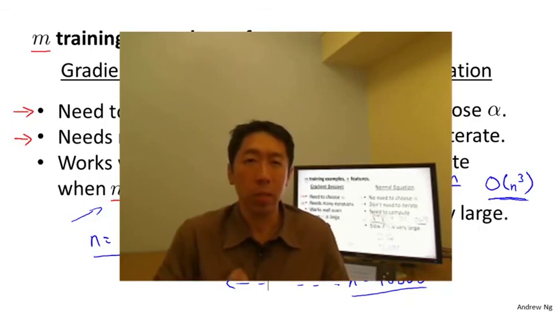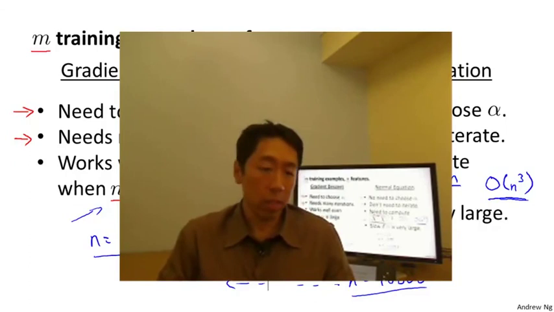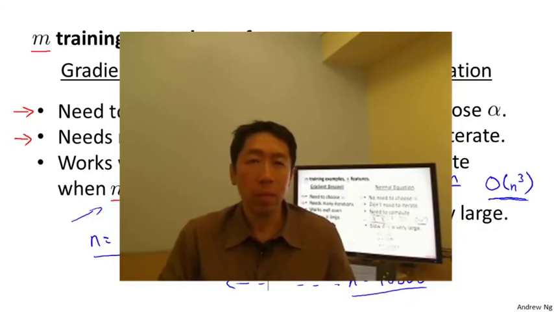So gradient descent is a very useful algorithm to know, both for linear regression when we have a large number of features, and for some of the other algorithms that we'll see in this course, because for them the normal equation method just doesn't apply. But for the specific model of linear regression, the normal equation can give you an alternative that can be much faster than gradient descent. So depending on the details of your algorithm, your problem, and how many features you have, both of these algorithms are well worth knowing about.